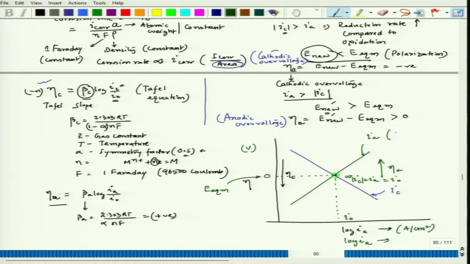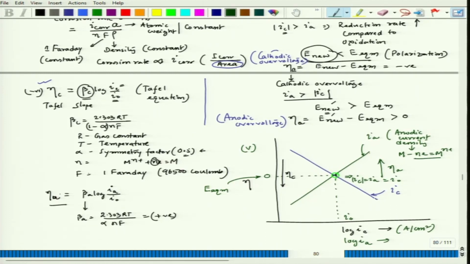Now, let us see what happens. So, the IA is nothing but the anodic current, what it means? M minus n e equal to M n plus. So, that means it is basically indicating dissolution.